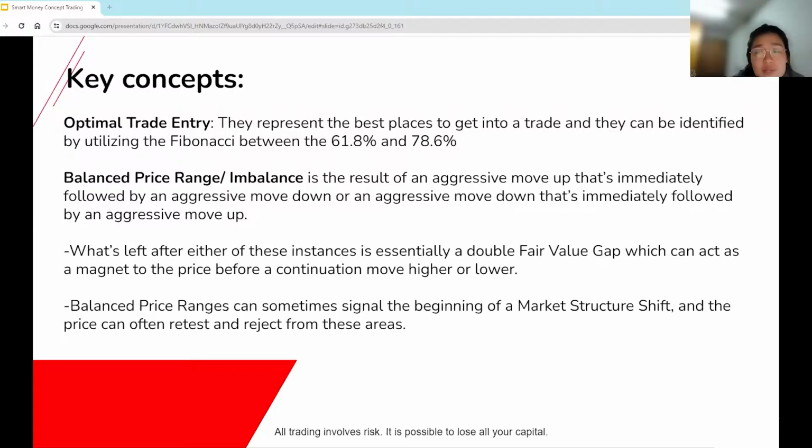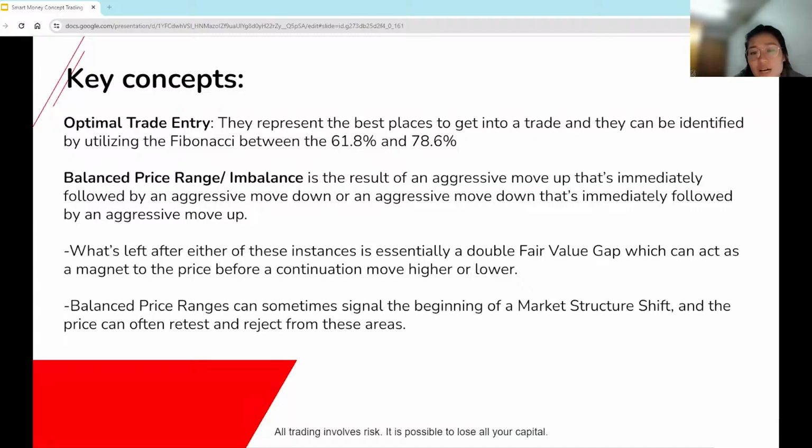And another key concept is balanced price range or imbalance, which is the result of an aggressive move up that's immediately followed by an aggressive move down, or the other way around, where an aggressive move down is immediately followed by an aggressive move up.